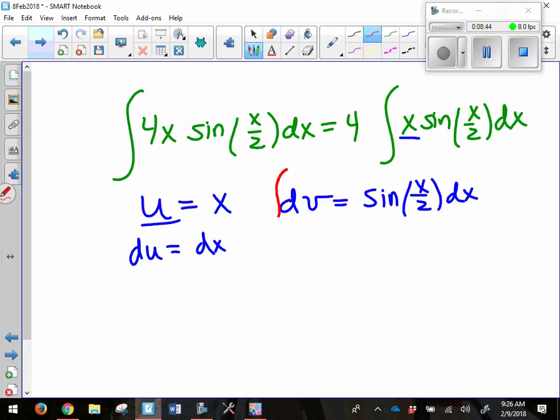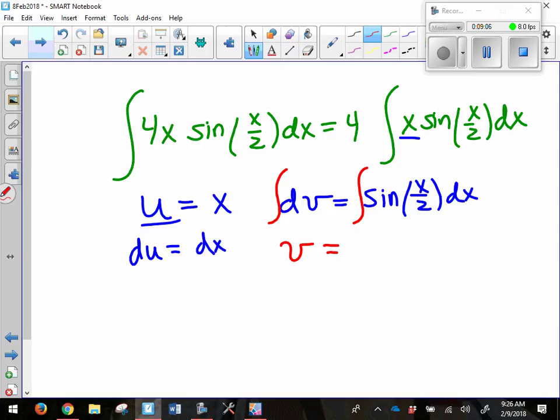Now remember, over here for dv, now I have to take my integral so that I can get v back. So you might be able to do that in your head, but I'm not sure everybody can do it in their head at this point.